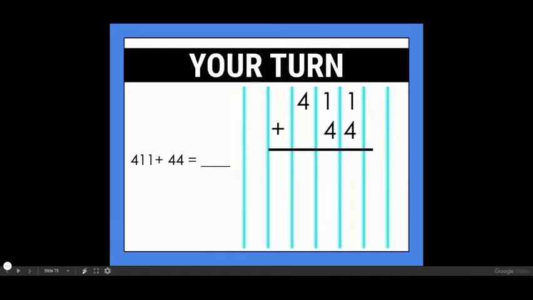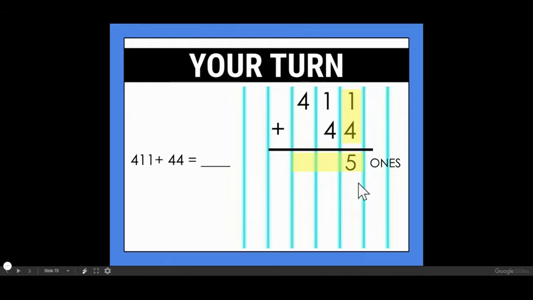All right, let's work together on this one. First, we're going to add together our ones. So when I look at my ones, I have 1 plus 4. So on your paper, you're going to write how many total ones you have right here. Did you write 5 ones?